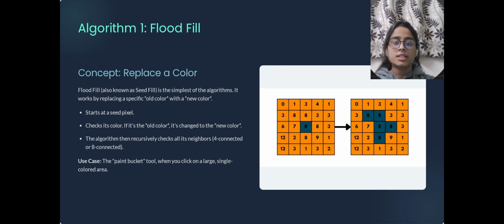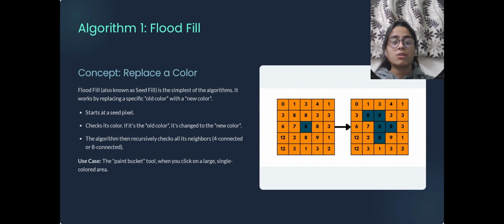Then it recursively does the exact same thing for all of its neighbors: up, down, left, and right. This chain reaction continues until it hits a pixel that is not the old color, and at that point it stops. Its main use case is exactly what you would think: the paint bucket tool, where you click on a large single-colored area to change its color.